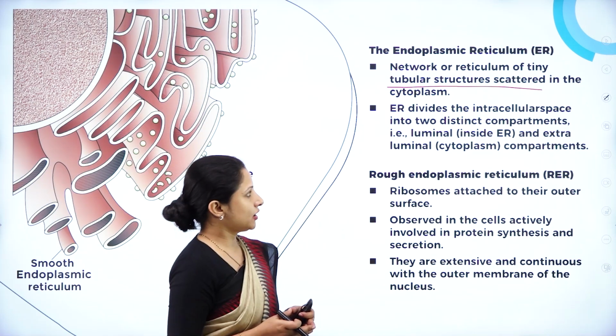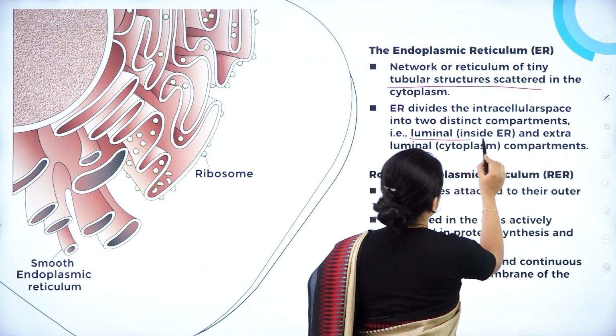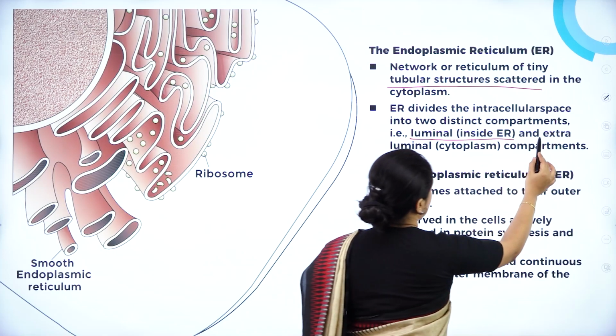And the endoplasmic reticulum divides the intracellular space into two distinct compartments, that is luminal and extraluminal.